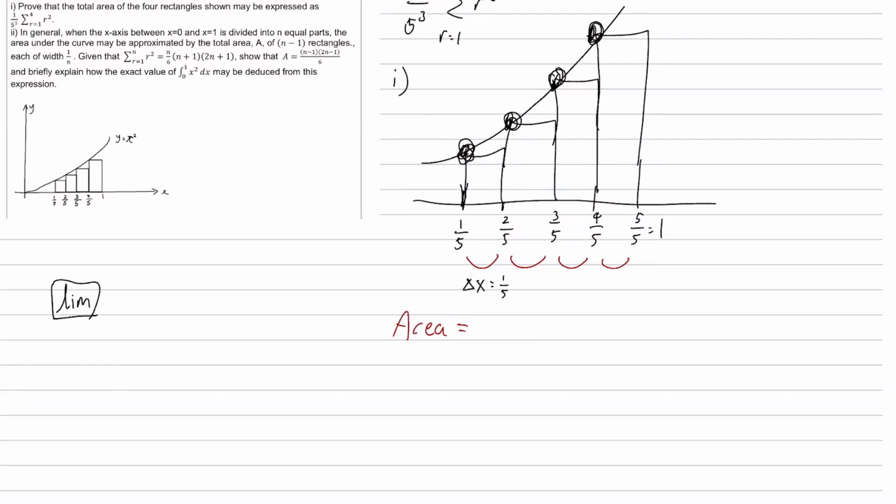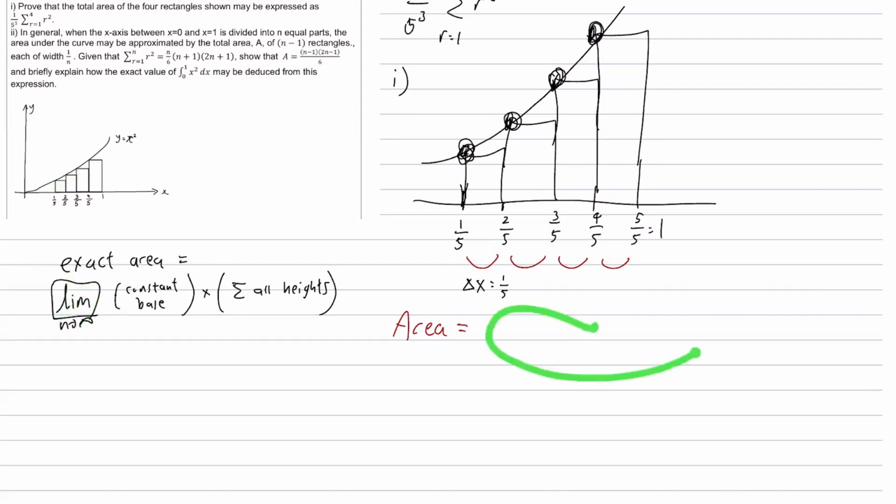When I said the limit formula, that's for the exact area: exact area equals the limit of the constant base multiplied by the sum of all heights. Here, it's a much simpler case. You don't need the limit because it's just 4 rectangles. So can you figure out how to form an expression for the area?